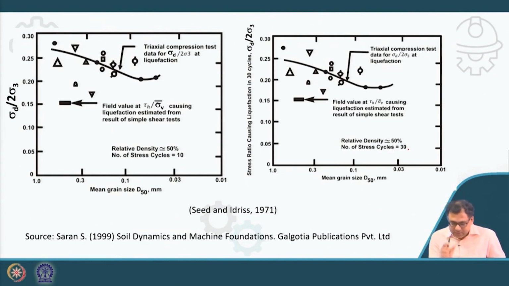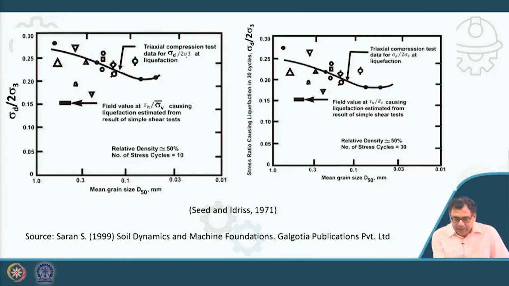So I will take the 10 one and the 30 one, and then take the average value, because in our case the uniform stress cycle we have considered is 20, but the charts are available for 10 and 30. So if I take these two and take the average value, then I will get the value for 20.